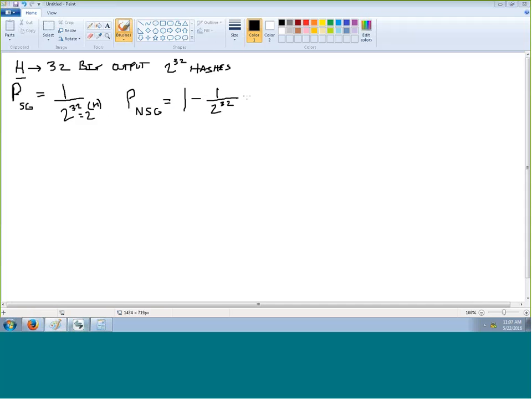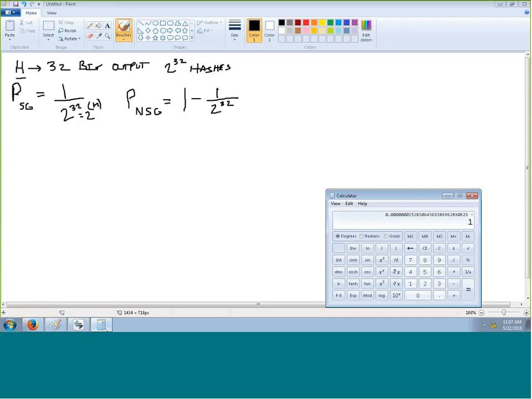And that's a pretty darn big probability. So there's a 99.999997% chance that we can't randomly generate a hash that matches any single hash.